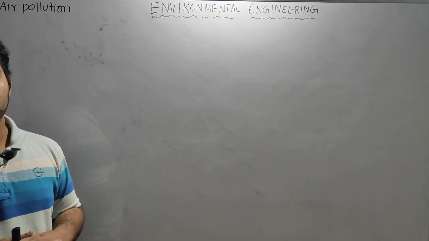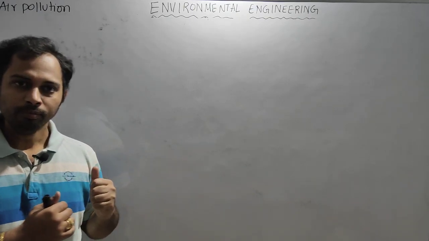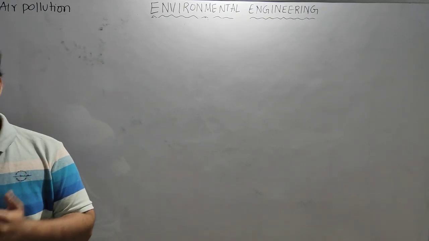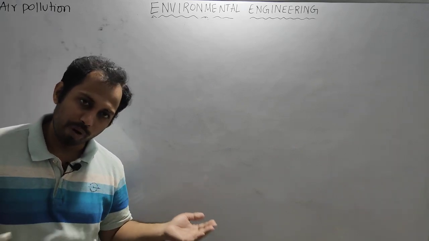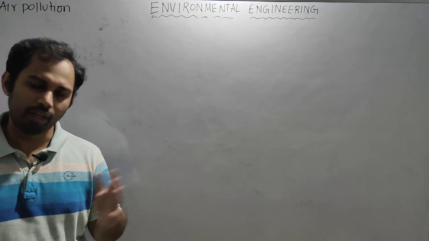Are you getting my point? I will explain what the different kinds of primary and secondary pollutants are, because there are many primary and many secondary pollutants, and we cannot memorize all of them.